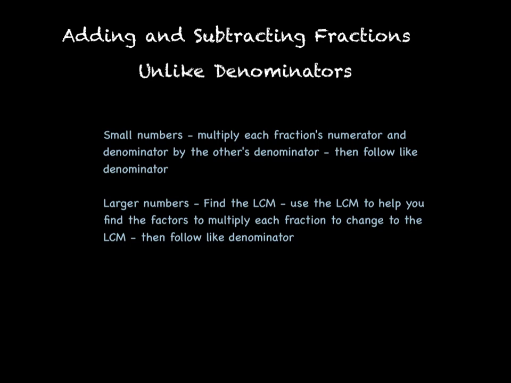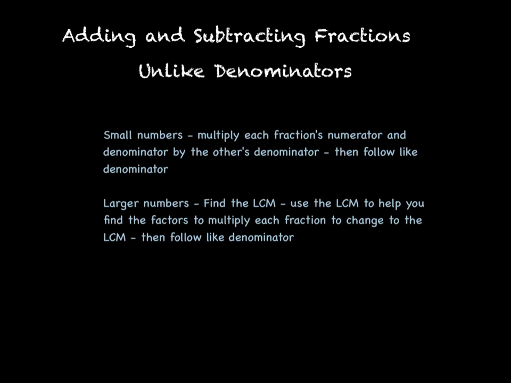So basically the rules for adding unlike denominators with small numbers, just multiply each fraction by the other's denominator. So remember, you have to do both the numerator and the denominator by the other denominator, then follow the like denominator rules. For larger numbers, you need to find the LCM. Use the LCM to help you find the factors to multiply each fraction to change to the LCM, like we did before, where we moved our multiplication around to make each of the factors to determine that, and then follow like denominator rules.